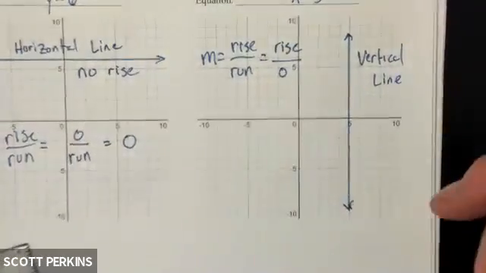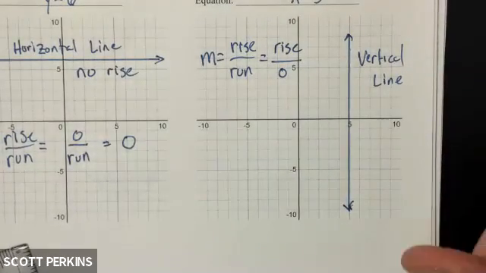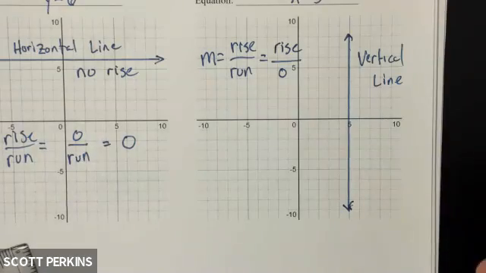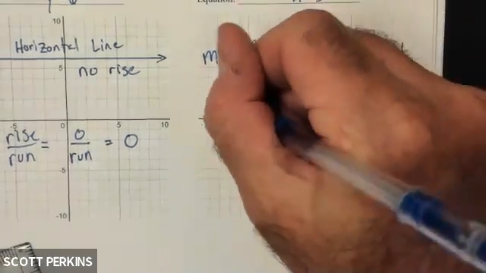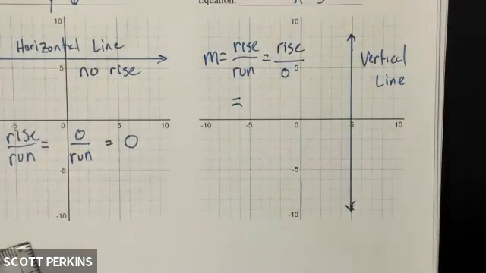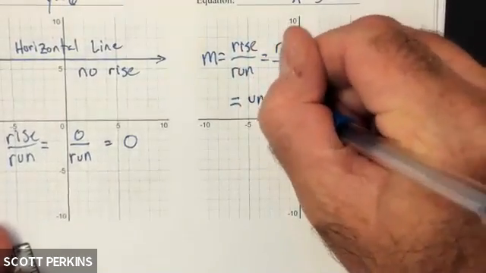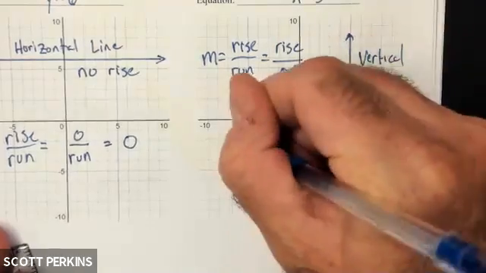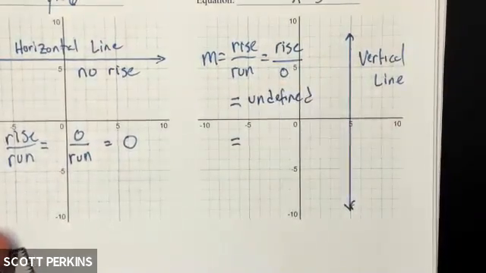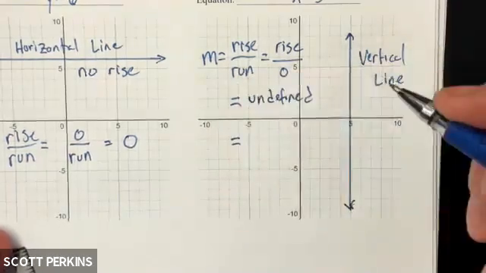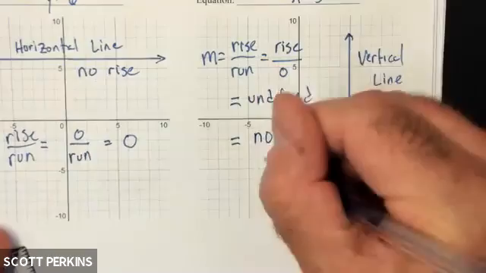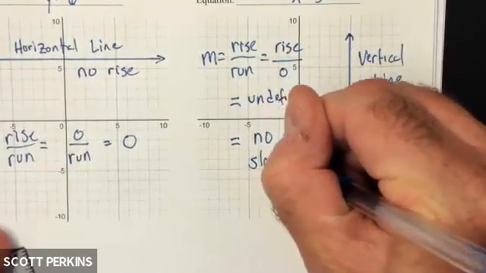Now, if you take your calculator and you take 5 divided by 0, your calculator is going to give you a funny answer. It's going to tell you that there's an error because dividing by 0 is undefined. And so as far as the slope, what we say is a vertical line has no slope.